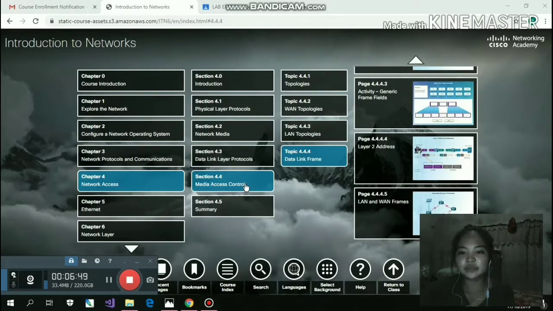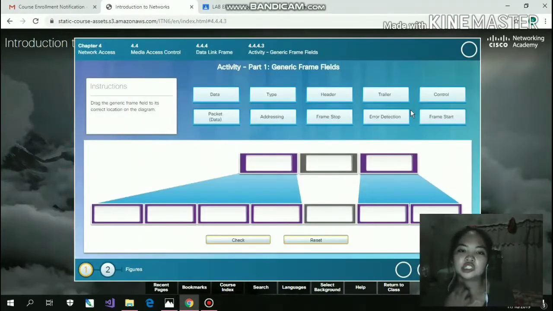So the last activity from chapter 4 is this, which is generic frame fields. From this activity, we have to drag the answers for these boxes. So the first one is the header.